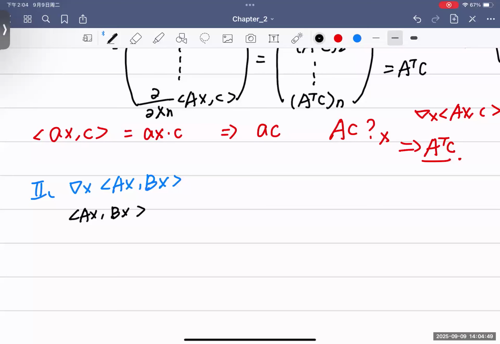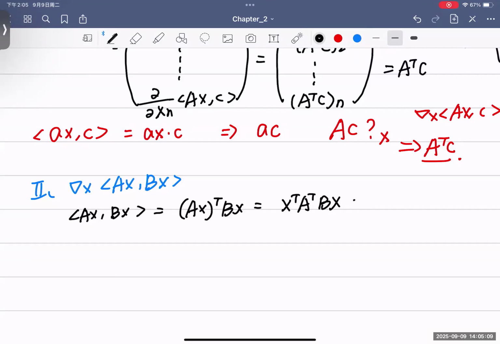We can do the same thing and first write down what this is. It's (Ax) transpose times Bx, which results in x transpose A transpose times Bx.